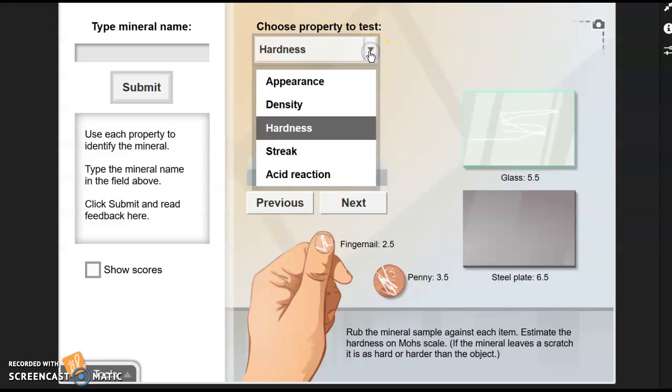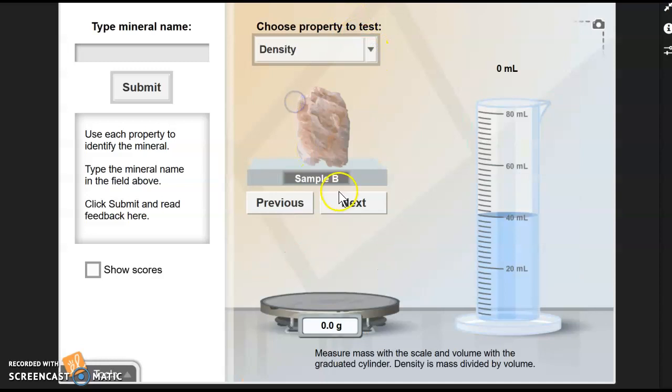Let's check what else we have. Its density. Once again, this is an irregular shape. There's no way to check its volume except to drop it in this graduated cylinder, which starts at 40 and goes up to 62, 64, 66, 68, 70. So that means it has 30 milliliters of volume over 78 grams.